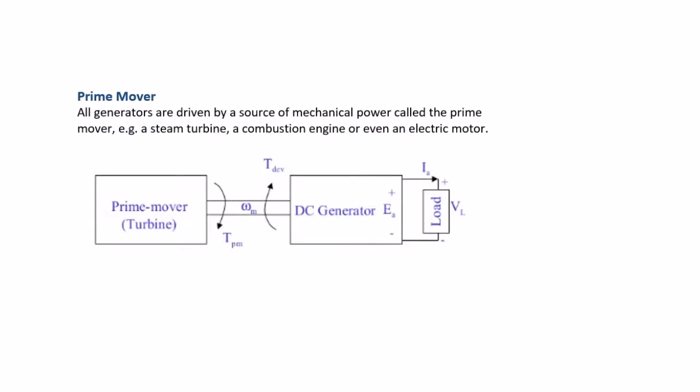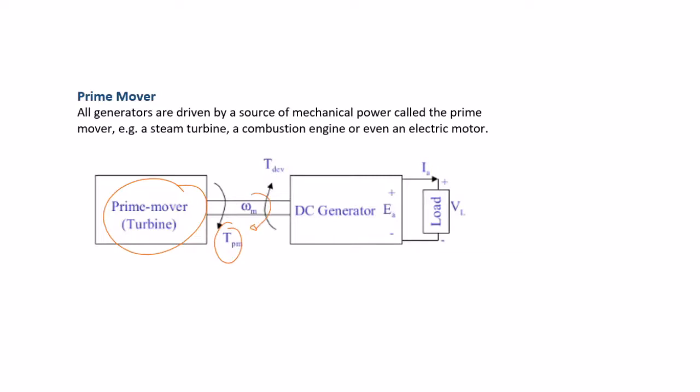And this diagram shows us how this prime mover can be connected to a DC generator. So this is the prime mover here, and it will supply the torque, which will then rotate this shaft here, which is connected to the DC generator.